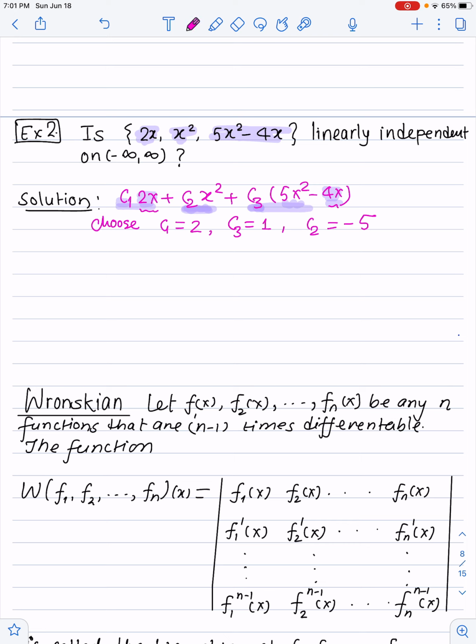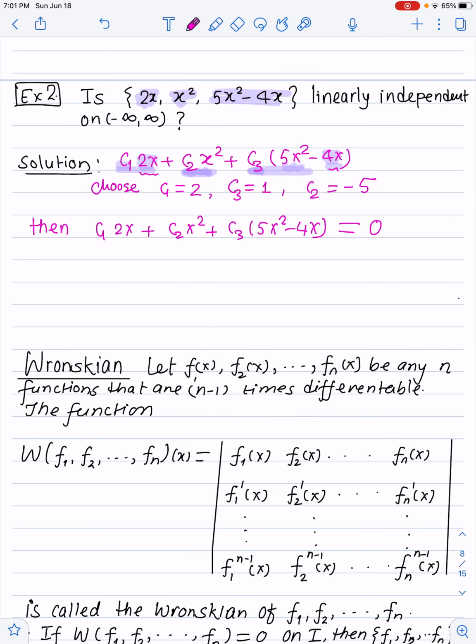So if I choose c1 equals 2, c3 equals 1 and c2 equals negative 5, then c1 times 2x plus c2 x squared plus c3 times 5x squared minus 4x will be 0, right?